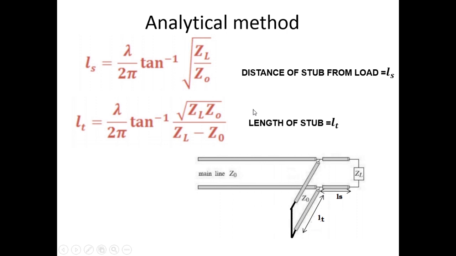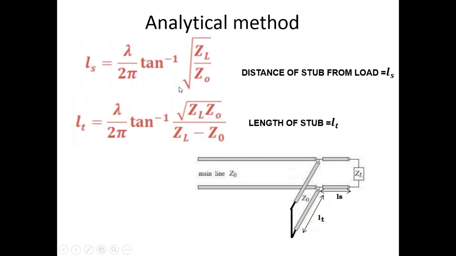So the analytical method is you can use these two equations for calculating LS and LT. Length of stub is given by LT and distance of stub from the load is given by LS. So you can use this equation to calculate LS and LT. Lambda is there. So it is lambda by 2 pi or 1 by beta. Then ZL and Z0, load impedance and characteristic impedance are known.